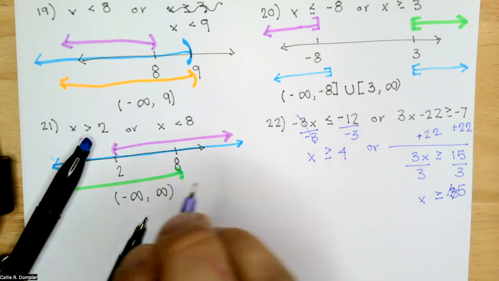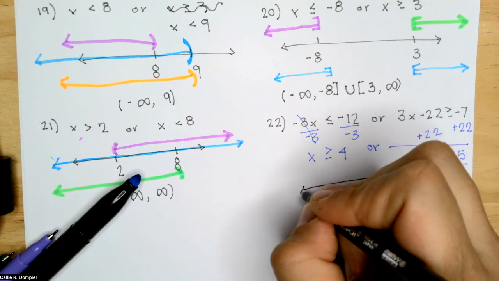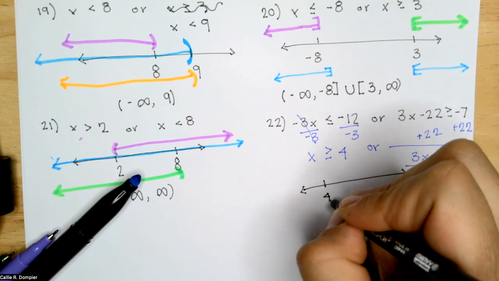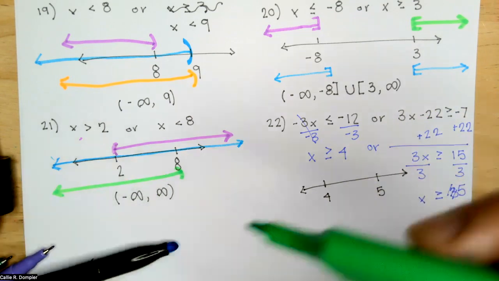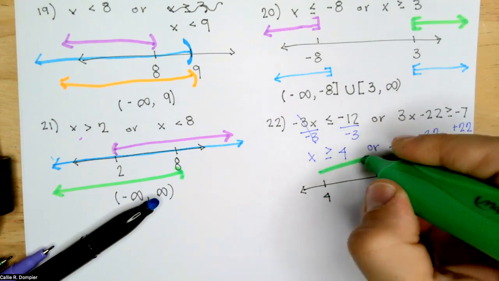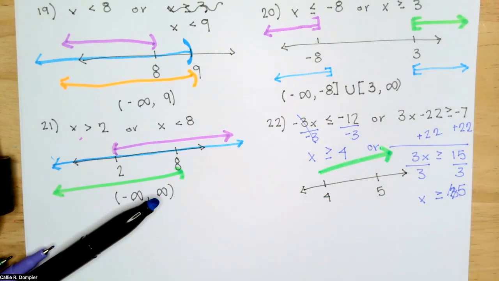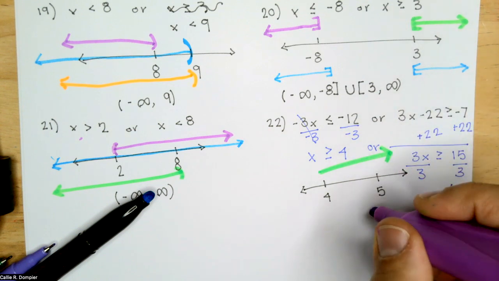Good. All right, so let's put these on the graph. We have 4, and we have 5. So this one says x is greater than or equal to 4. This one says x is greater than or equal to 5.